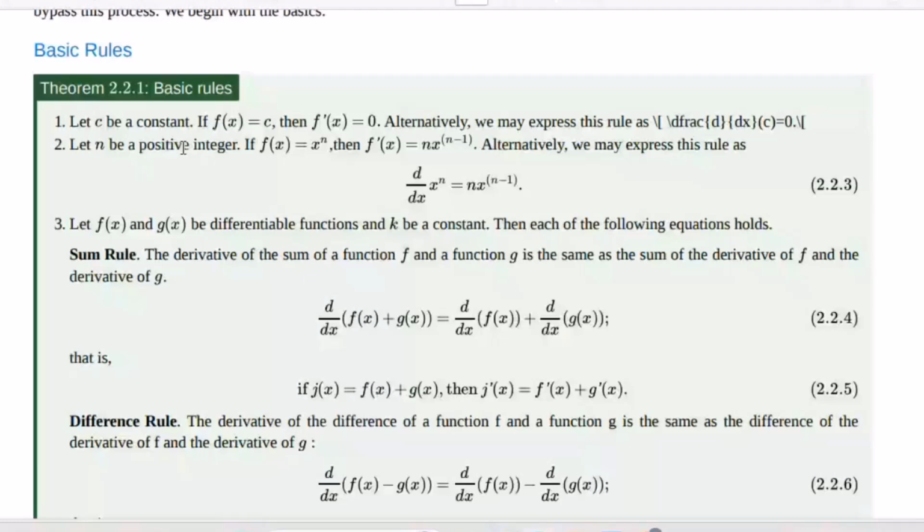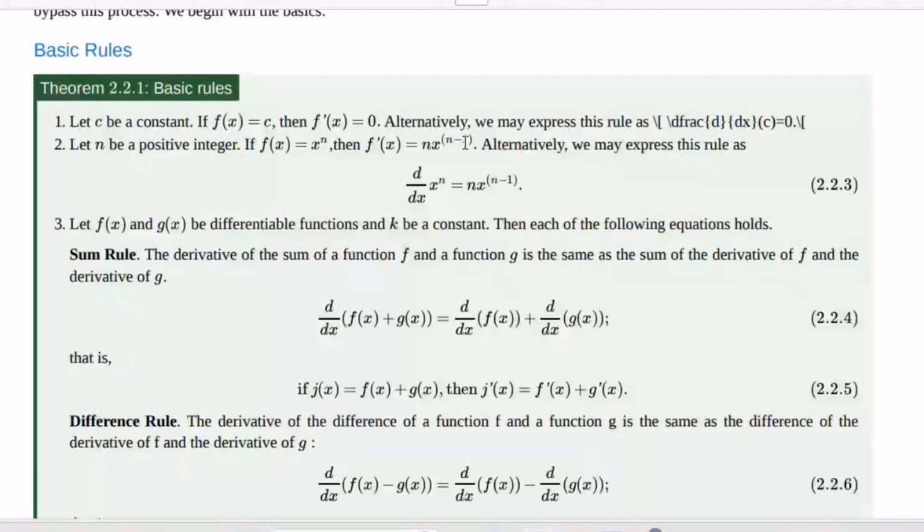Remember, we were told at the beginning that there are many ways to write the derivative of a function. This is how they are expressing it here. Is there any question on number 2? No. Thank you.